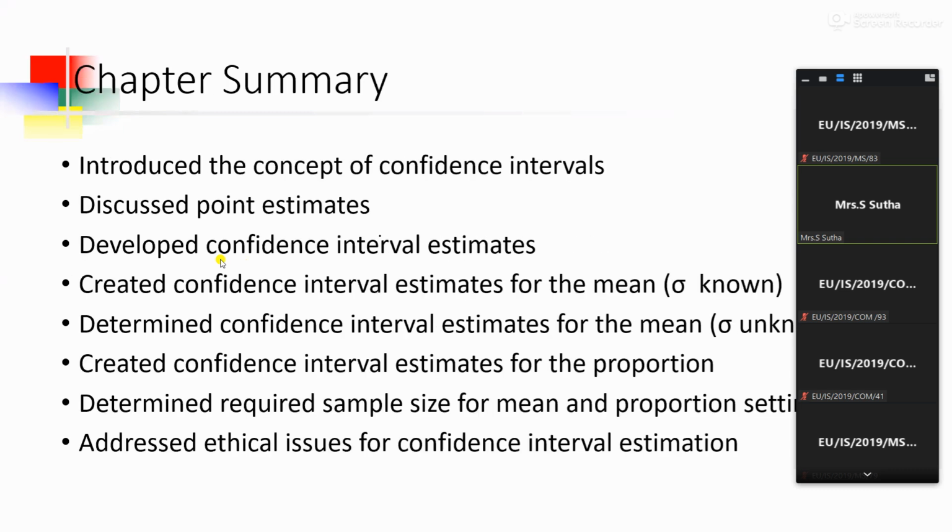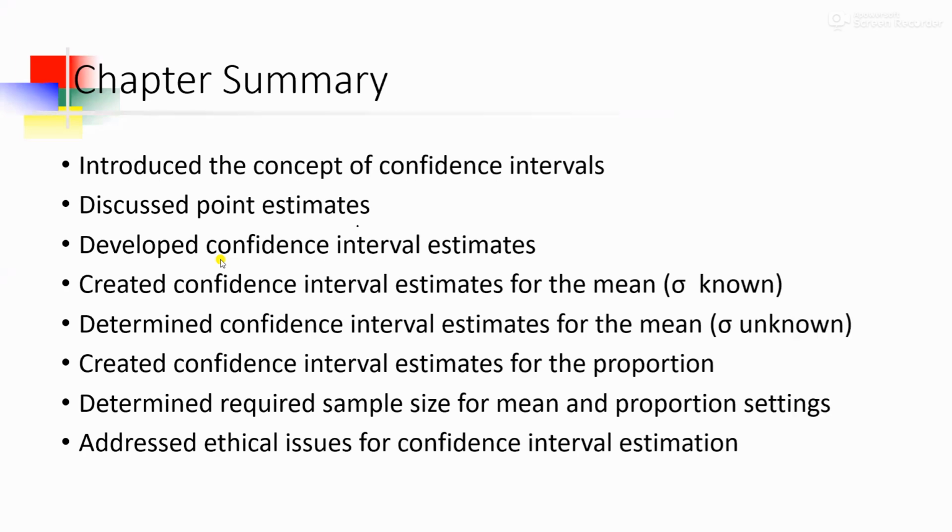Then what are the things we learned so far? We introduced the concept of confidence interval and point estimate. What are the advantages of confidence interval over the point estimate? Then we developed the confidence intervals for the mean in two cases: sigma is known and sigma is unknown. And also we created the interval estimates for the proportion.